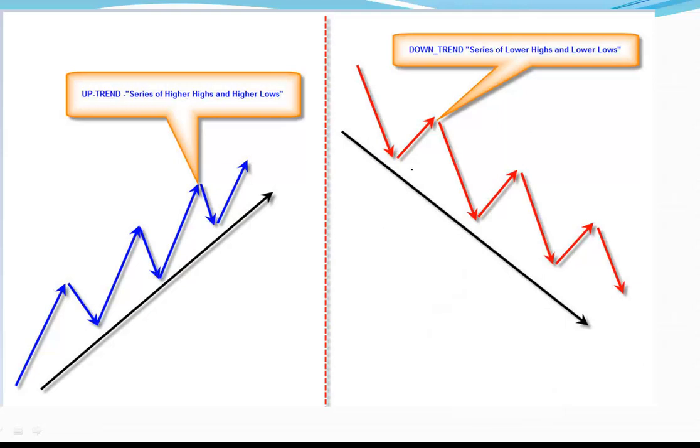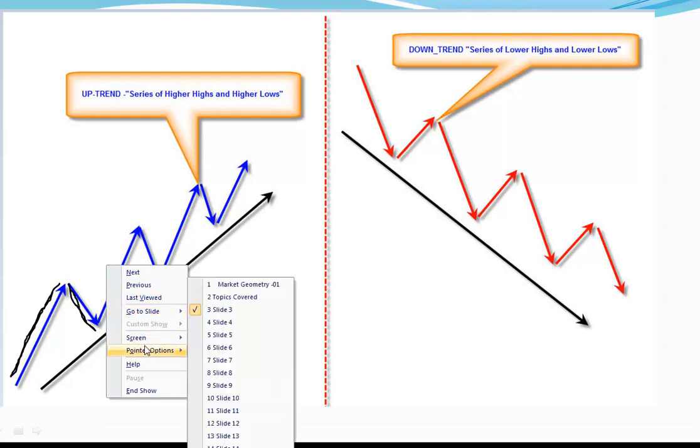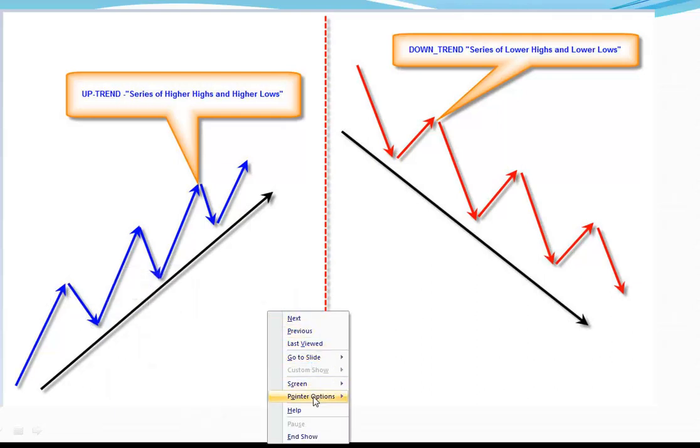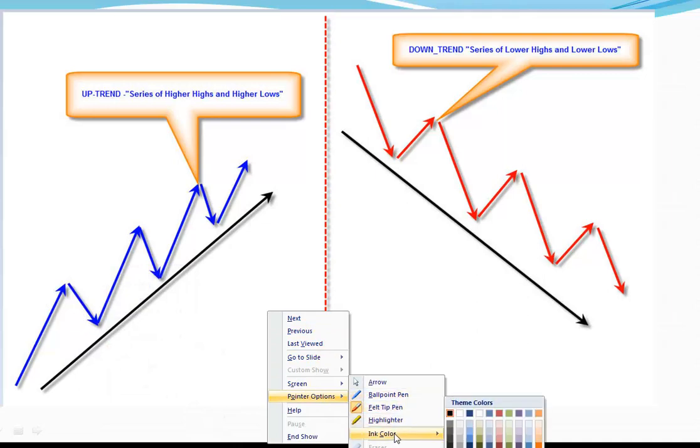Now looking into the future of what we're going to be doing, not really today, but what we're going to be doing is a couple of things. Number one, we always look at this is the move up, and this right here is the retracement. Let me fix the color so we have a nicer color.